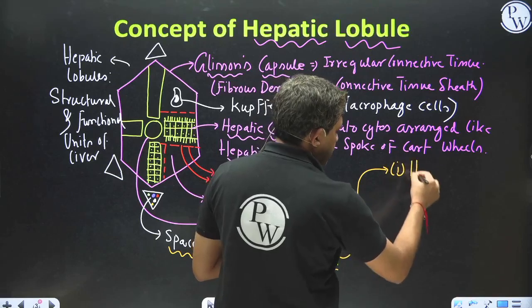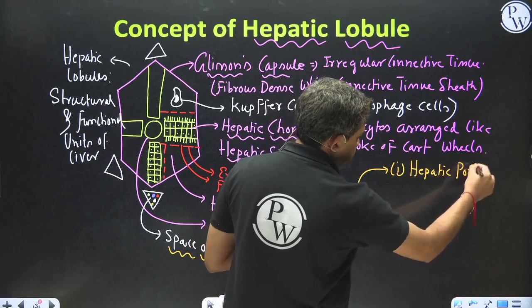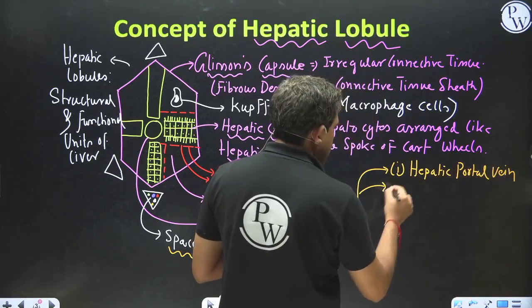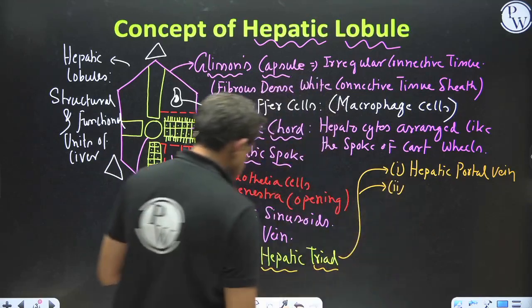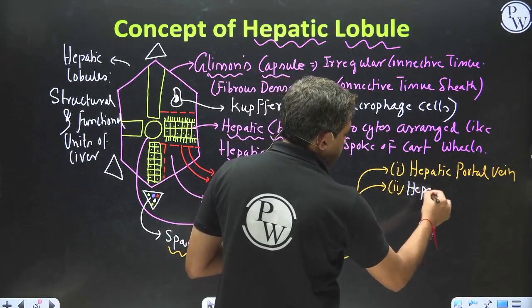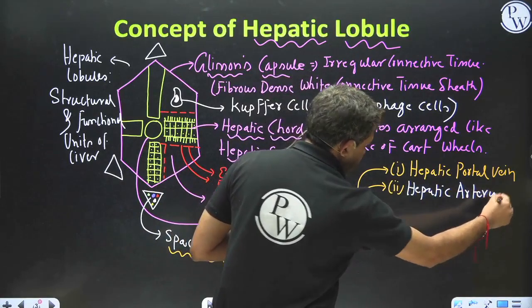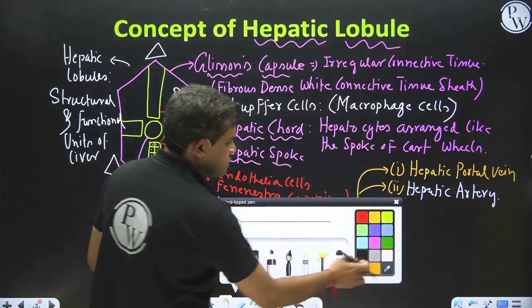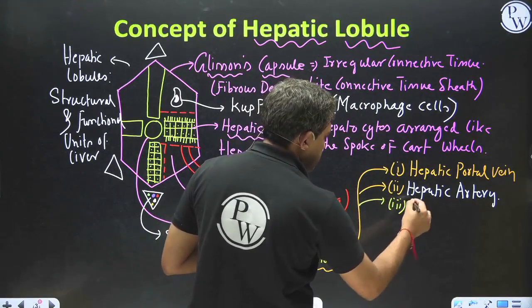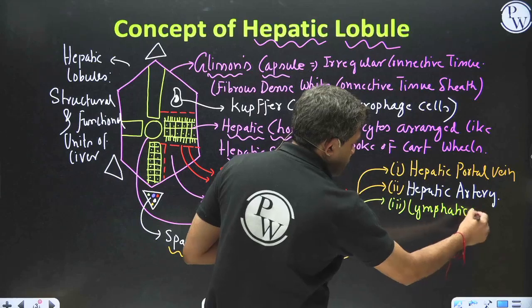The hepatic portal vein, number one. Number two is the hepatic artery. Number three, some lymphatics are also found.